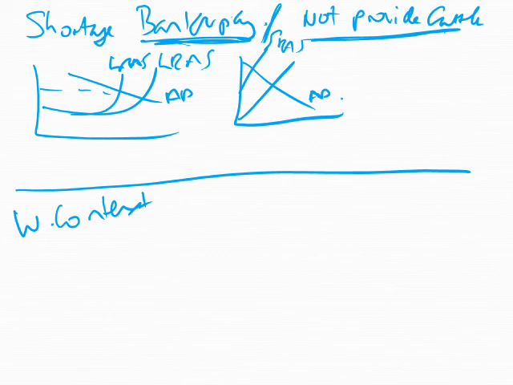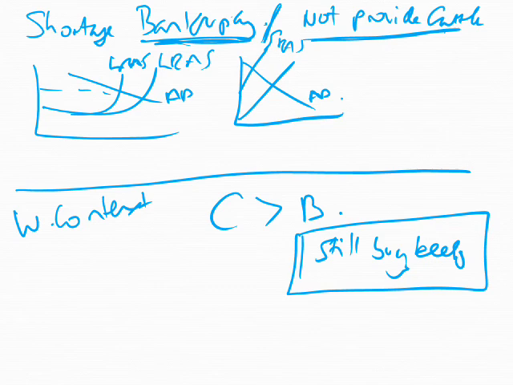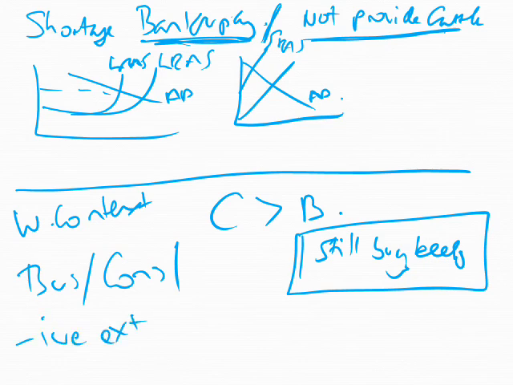So what you have is the costs outweighing the benefits of that policy, because the only people that benefit are the people who can still buy beef. So the smaller number of people who can still buy beef at the lower price are the only ones that benefit. The people that lose out are some businesses, some consumers in that market, but also you have negative externalities in other markets.